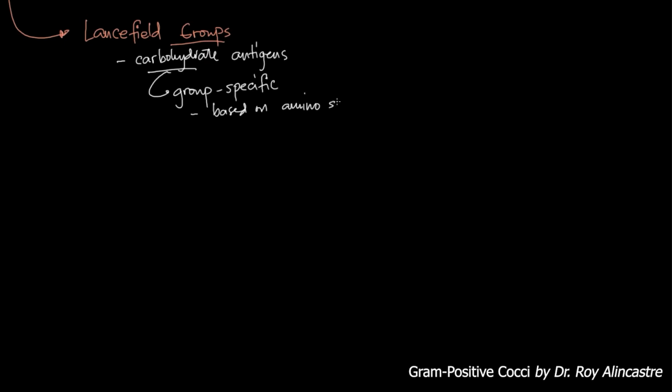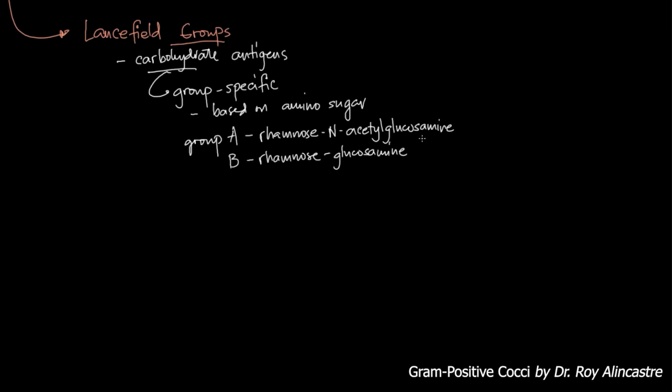So the serologic specificity of the group-specific carbohydrate is determined by an amino sugar. For example, for group A, this is rhamnose N-acetylglucosamine. For group B, rhamnose glucosamine polysaccharide. And for group C, rhamnose N-acetylgalactosamine. And the other groups, you can find in the book.